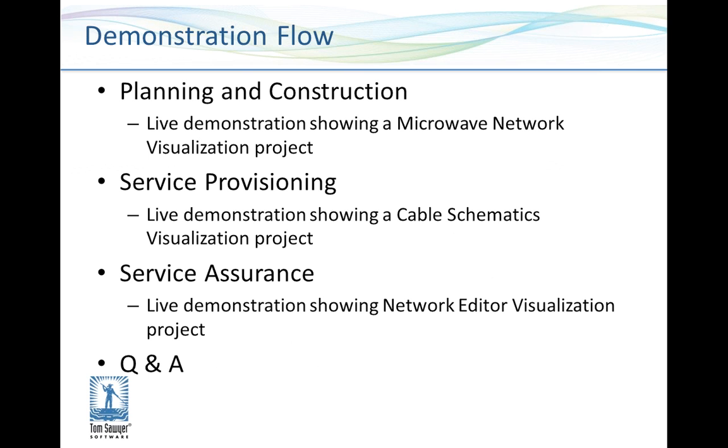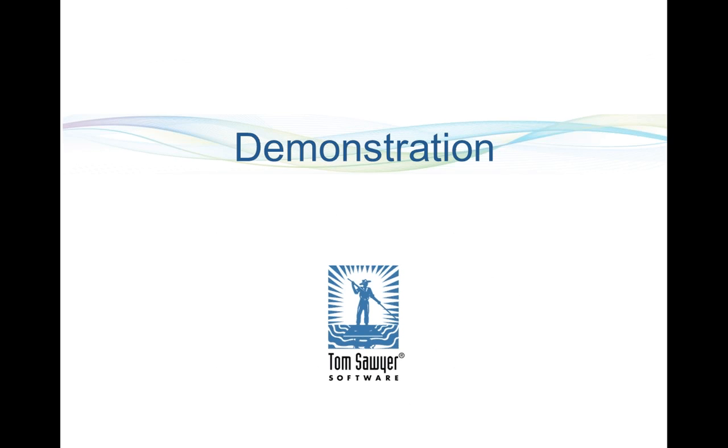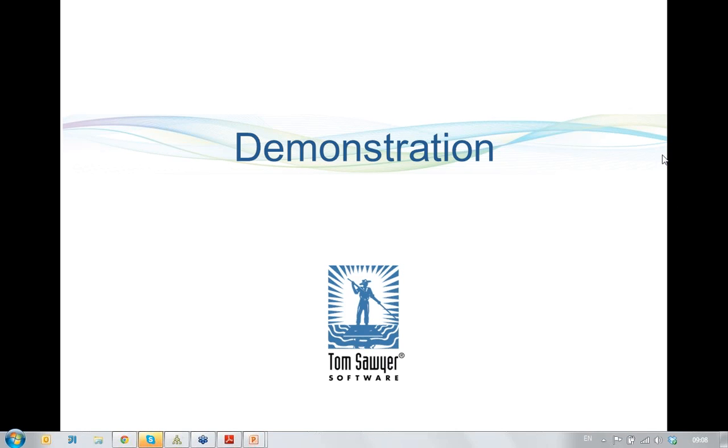Then we will show a microwave network for planning and construction, and then some things specific to service assurance. Again, please do submit questions all the time, and we'll have time to answer most of them. If we don't have time, we will answer them after the presentation.